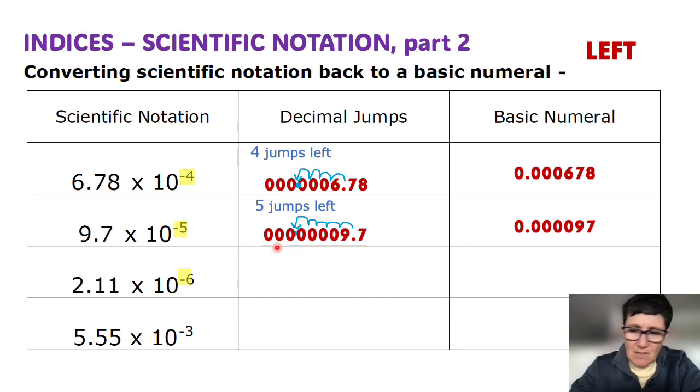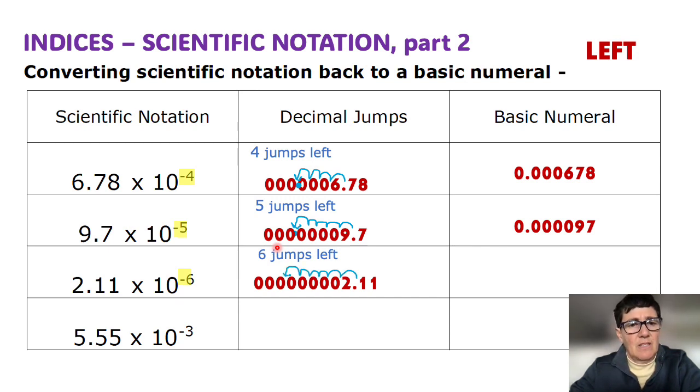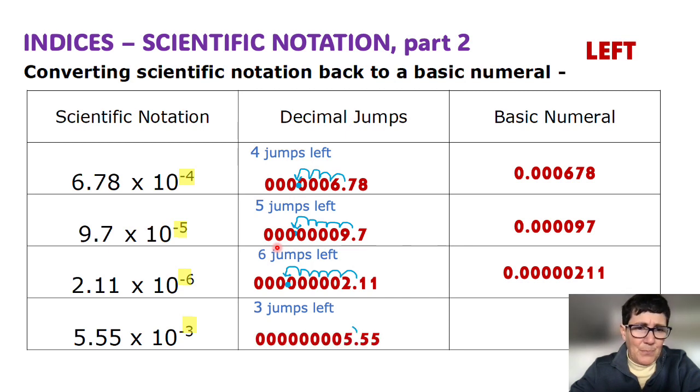To the -6, I should hear you shouting 6 jumps to the left. All right, set it up. 1, 2, 3, 4, 5, 6. Decimal place in. Rewrite it. And last one, 3 jumps to the left. So set it up. 1, 2, 3. Decimal place goes in there.